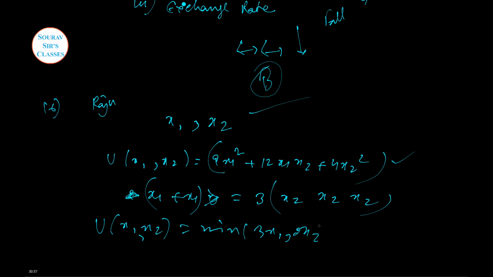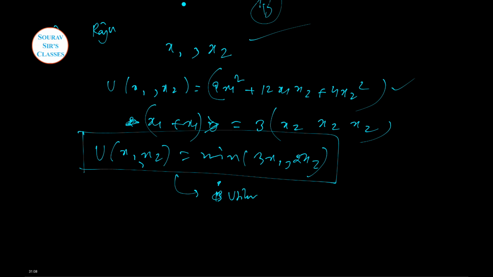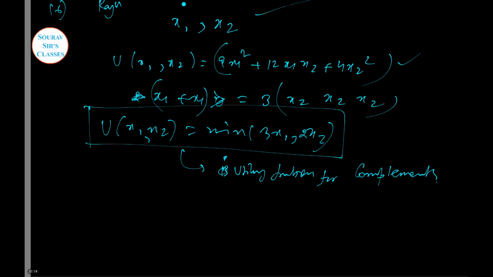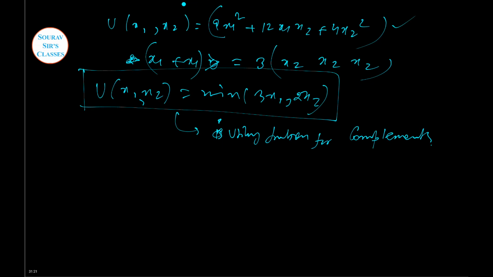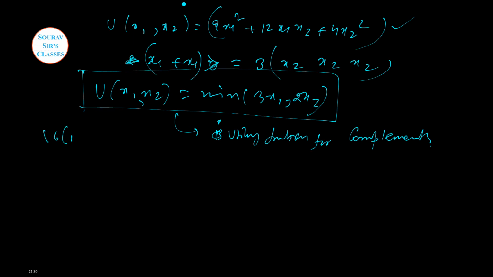Now this one is the odd option, because whenever it's a minimum, this is the utility function for complements. But our given structure is with respect to substitutes, so obviously this cannot be the option. We don't need to proceed further. So here in 16, our answer goes with B.